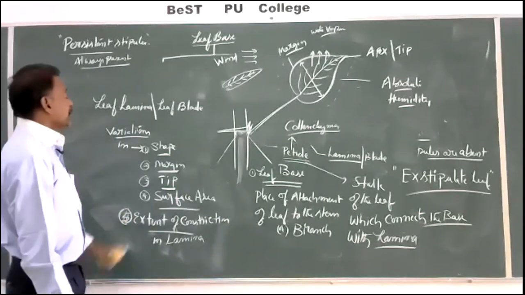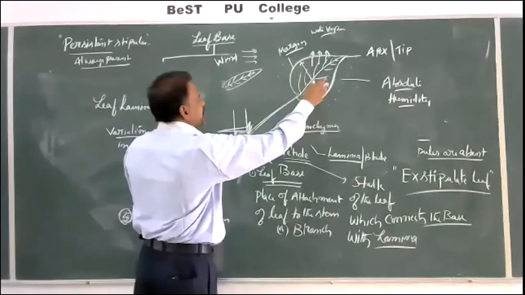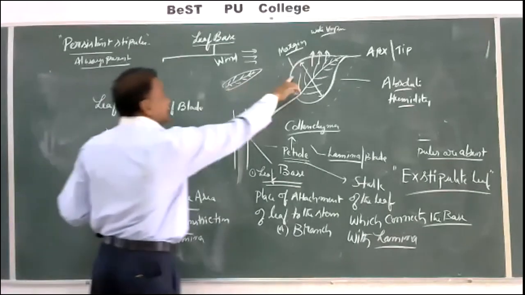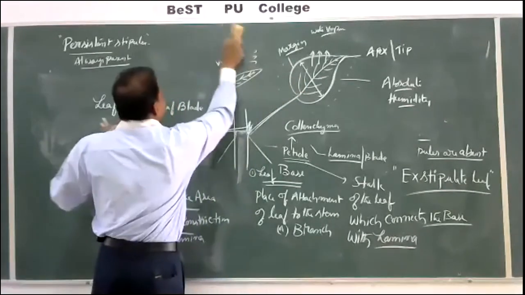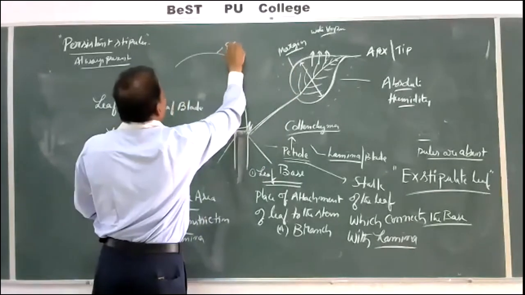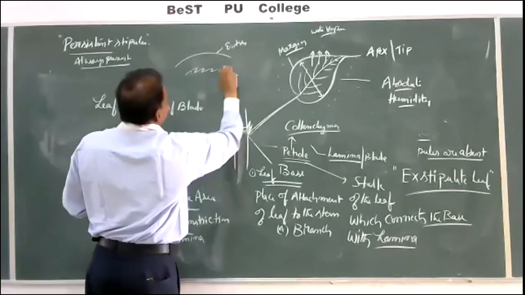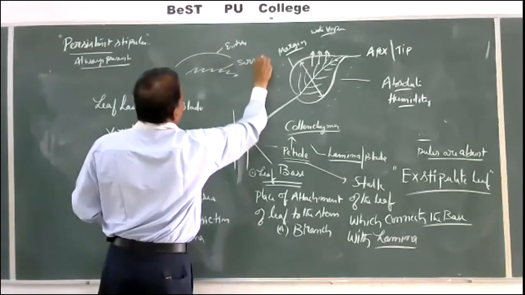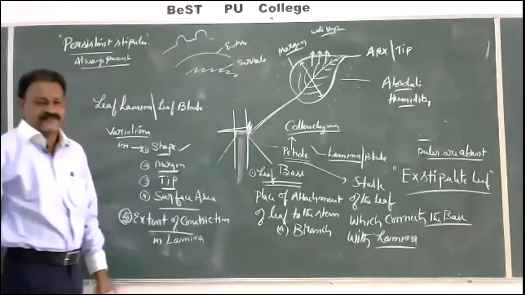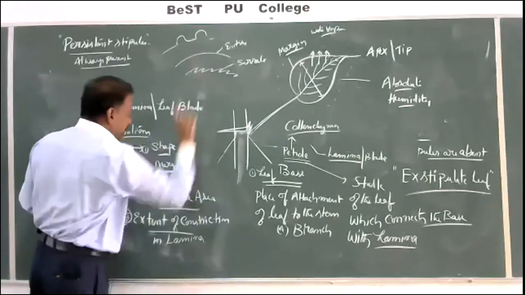So the leaf lamina or leaf blade is an expanded structure. It varies in shape, with different shapes. Margins are also different. See here, if the margin is like this, it is called an entire margin. If the margin is like this, it is a serrate margin. Margins have various shapes, so here margin means the shape of the structure of the margin.